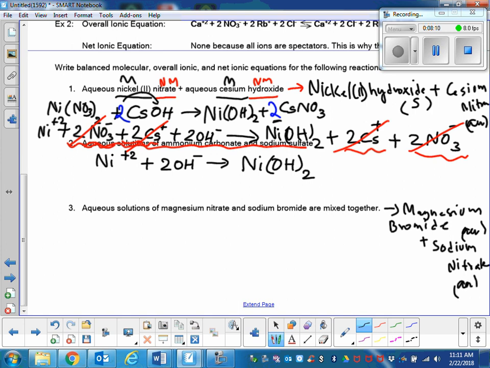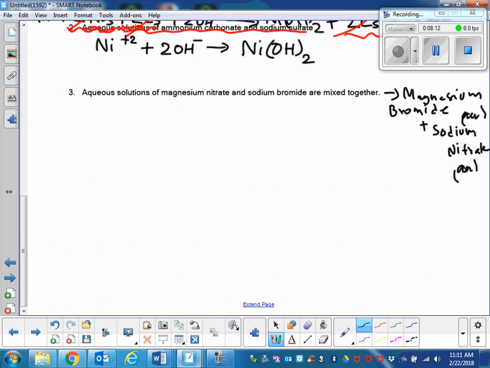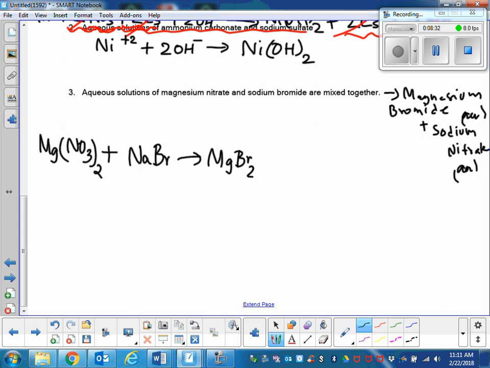Okay. So let's see if there is a net ionic equation for this reaction. I have magnesium nitrate, which is MgNO3, plus sodium bromide, which is NaBr, giving me magnesium bromide, which is MgBr2, plus sodium nitrate, which is NaNO3.